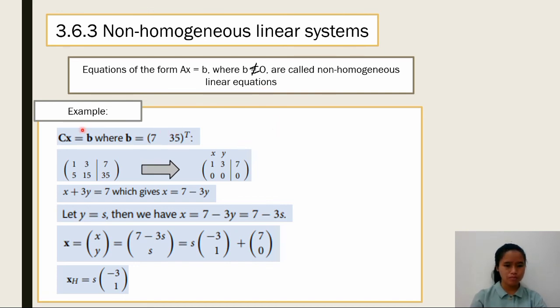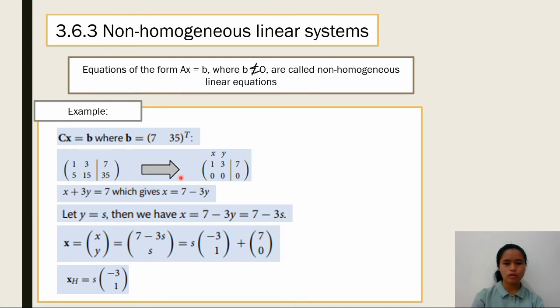Example, we have Cx equal B, where this is vector B, (7, 25) transpose.